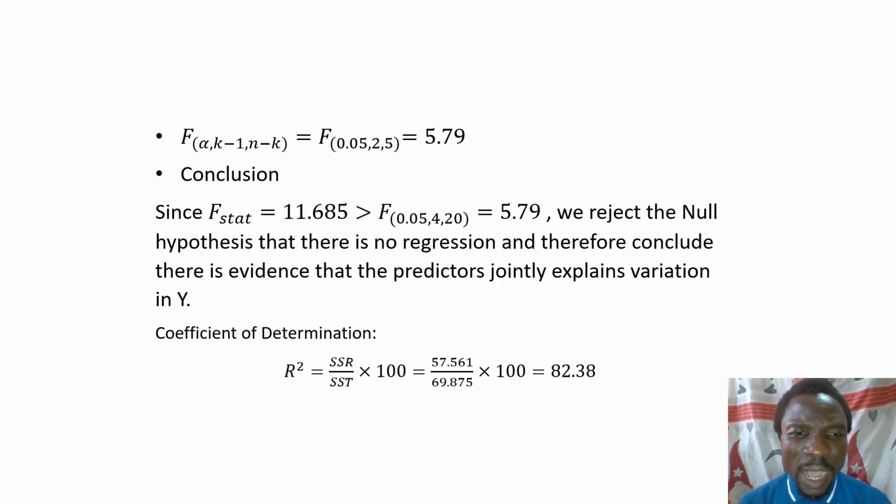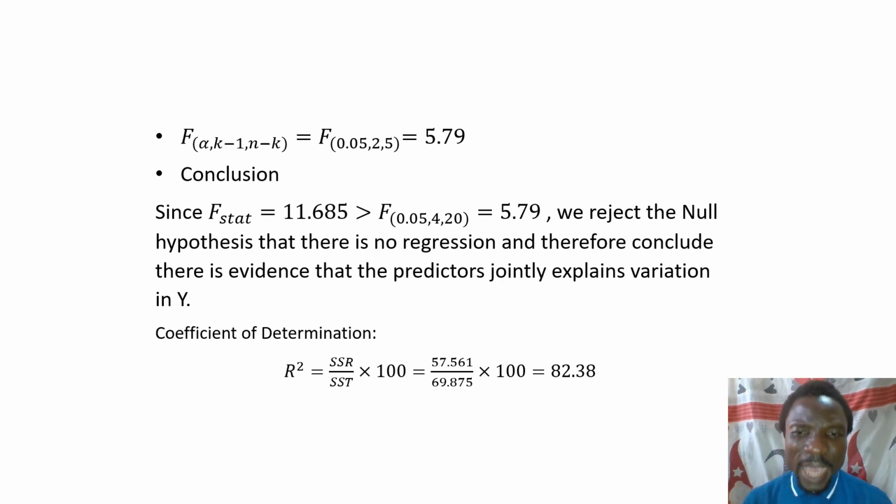So how much of the variation is explained? That we can get from the coefficient of determination. The coefficient of determination, R squared, is the ratio of the sum of squares regression to the sum of squares total, then we take 100% of it. So that gives us 57.561 over 69.875 times 100%, which will give us 82.38.